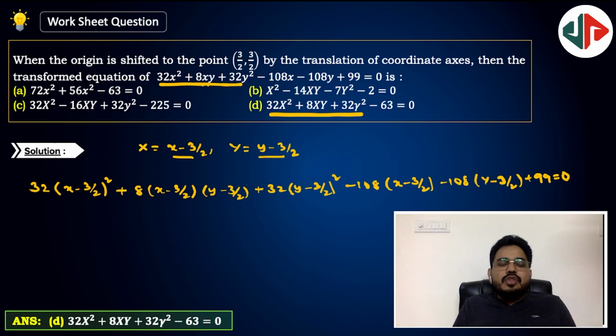So don't look for the x square, xy and y square coefficients. You set the x coefficient and then the y coefficient.